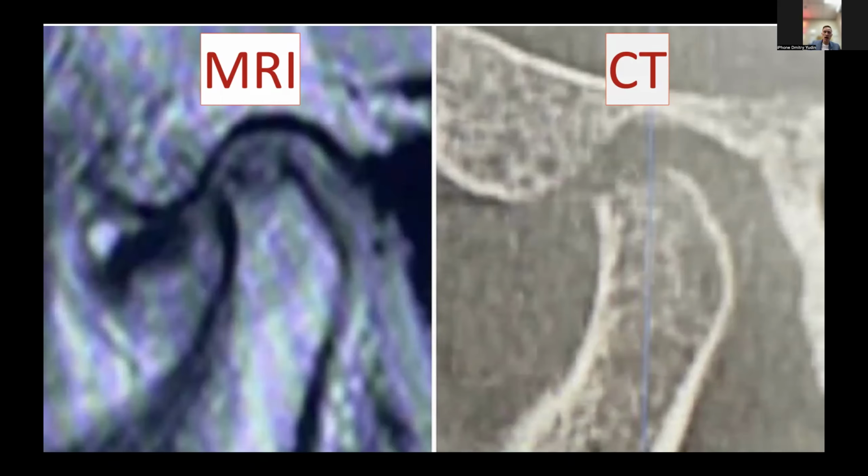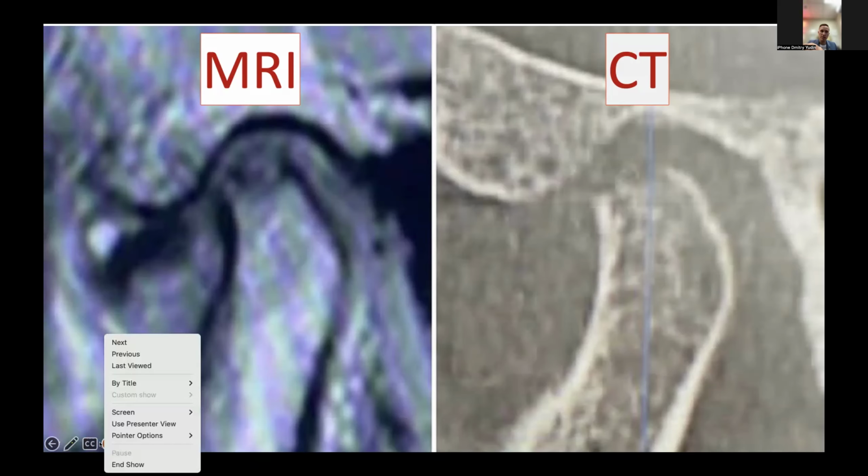Maybe you can draw on the left MRI picture where the TMJ disc is. Can you show our audience? Those black parts, yes.